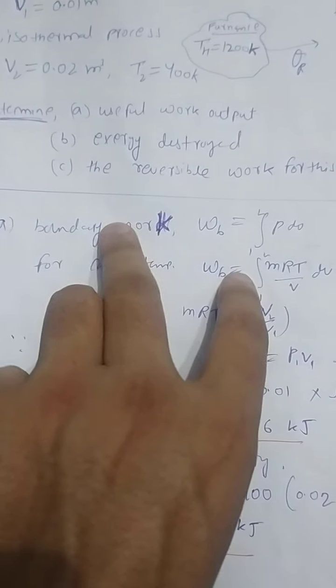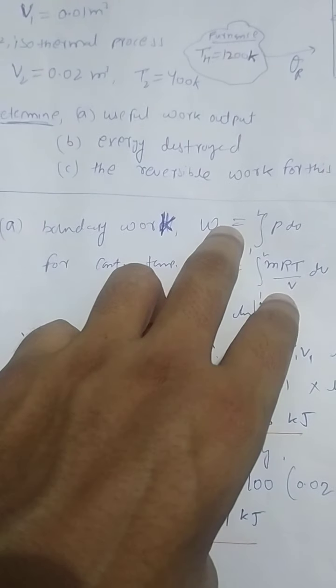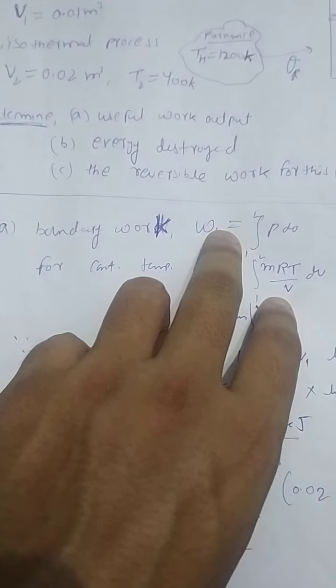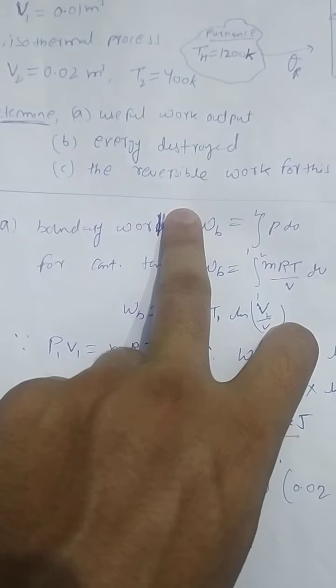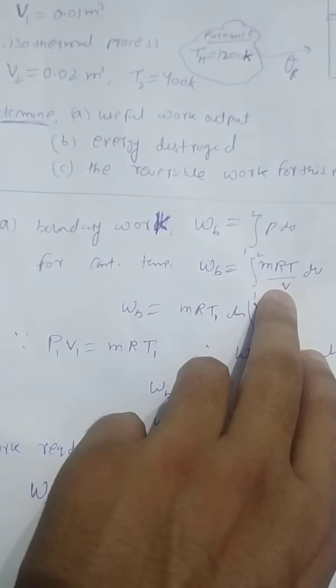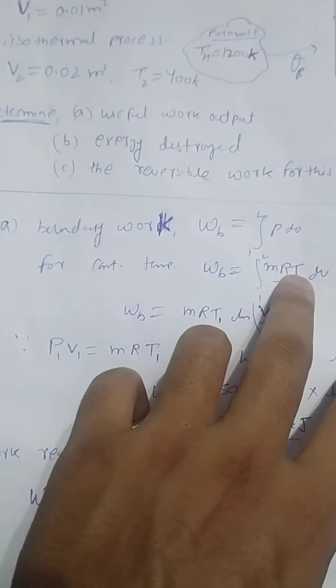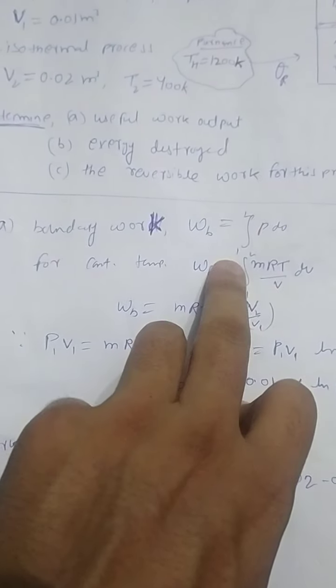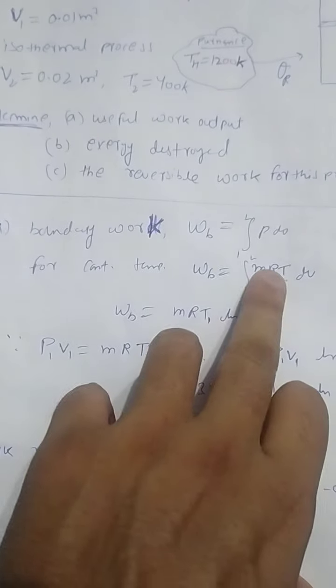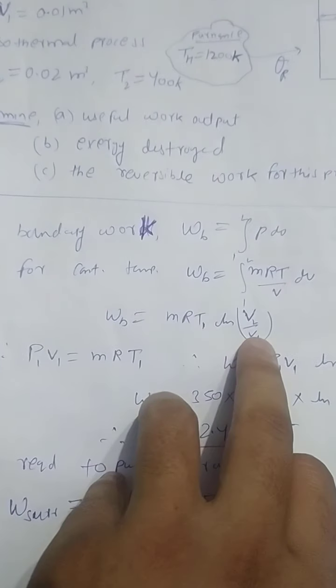So assuming argon as an ideal gas, PV is equal to MRT, so P is equal to MRT by volume. T is constant and M and R are also constant, so they can be taken out of the integration, and integrating it becomes logarithmic V2 over V1.